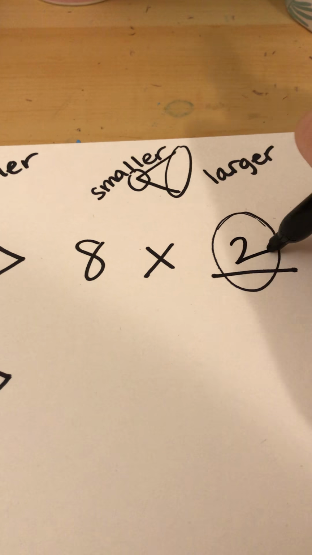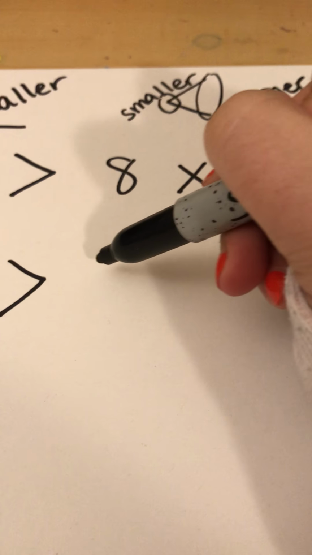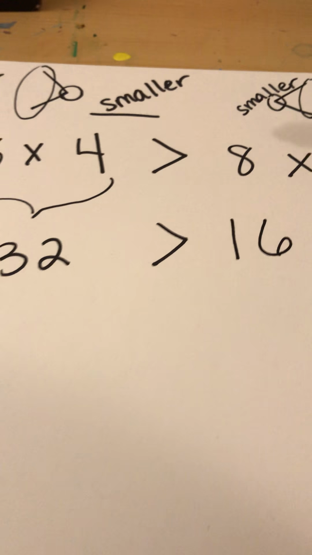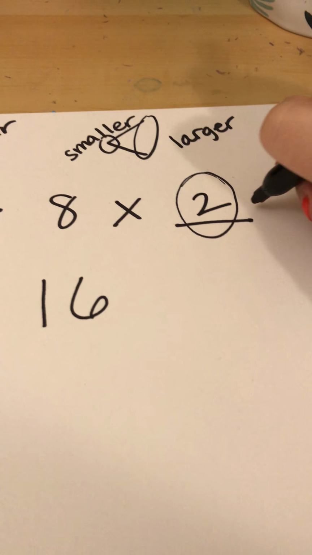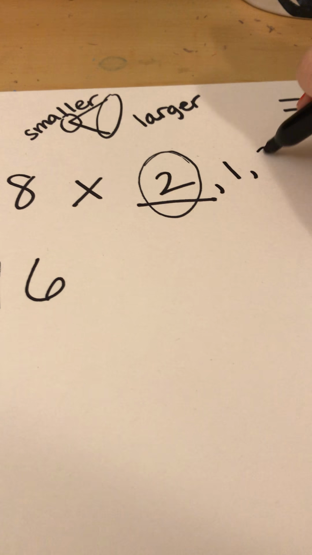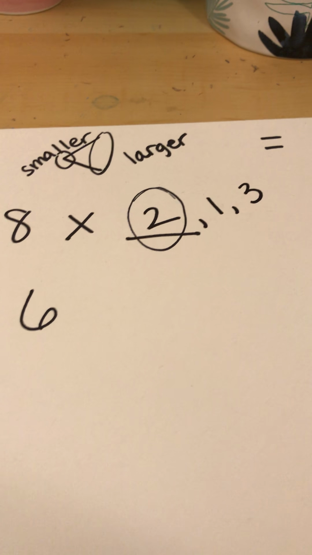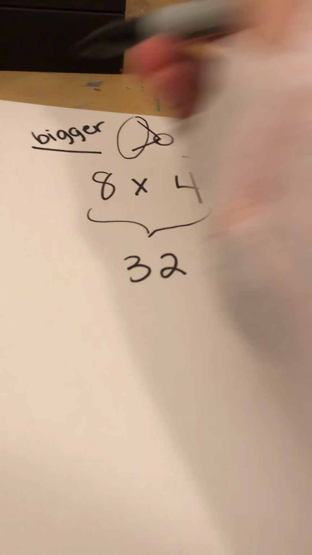So I'm going to pick 2. So 8 times 2 is 16, and 32 is greater than 16. Besides 2, you can also pick 1, or you could pick 3. Any of those would work for part A.